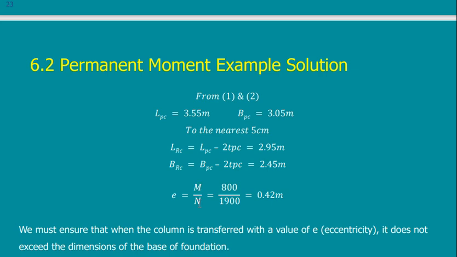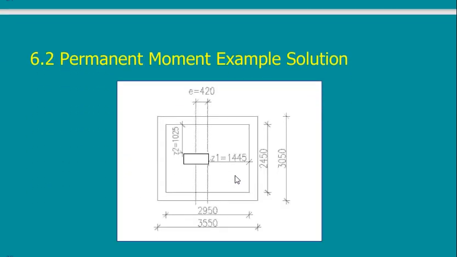I will divide M by N. Once I divide M by N, I will end up with E. E is the eccentricity. If I shift the column 0.42 meter in the opposite direction of the moment, I will cancel the moment. That's all. The same will happen.